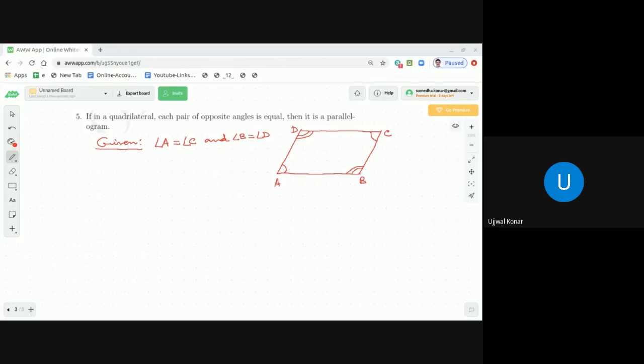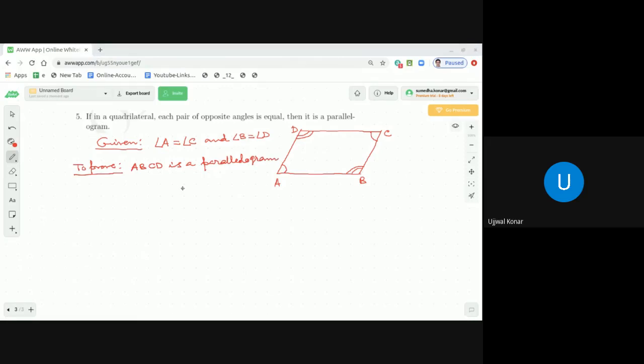We need to prove that ABCD is a parallelogram. Let me write properly: to prove that ABCD is a parallelogram, that we need to prove.